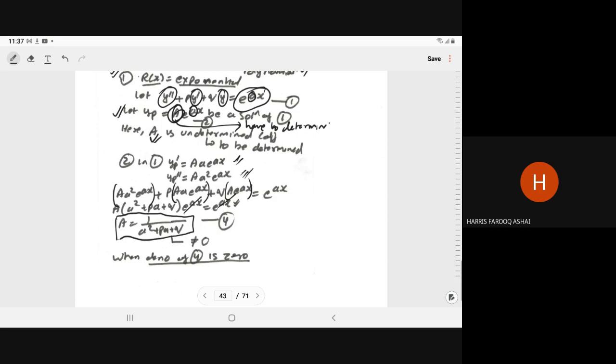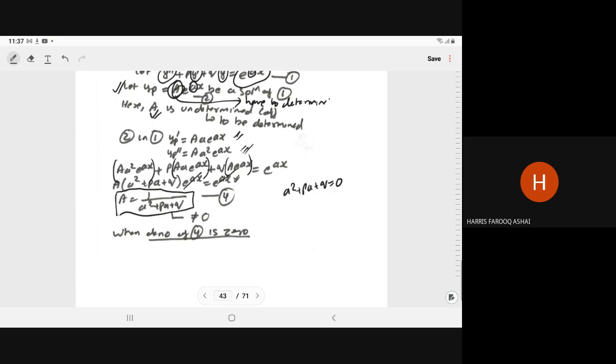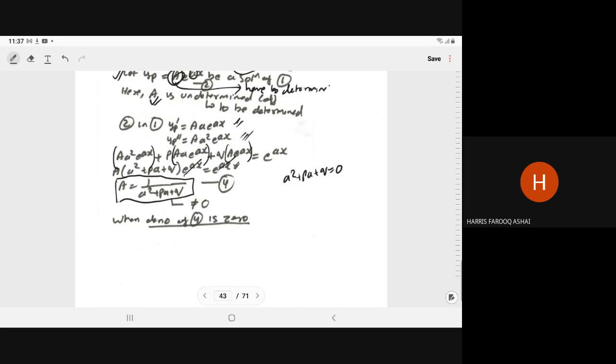If the denominator is zero, what is the meaning? a^2 + p a + q = 0 means that a is a root of m^2 + p m + q = 0.